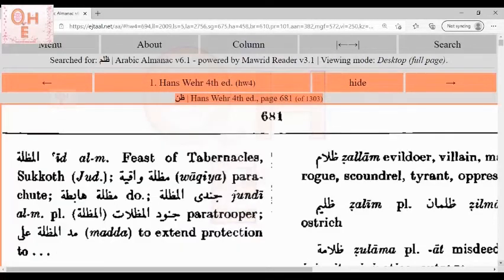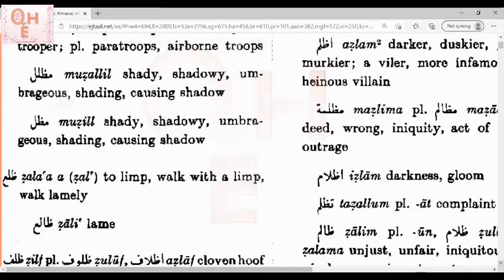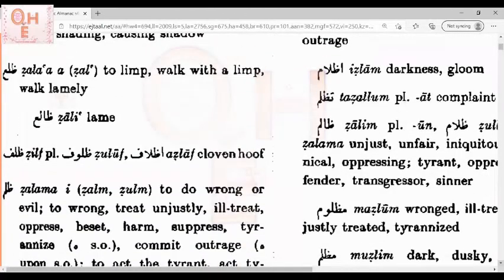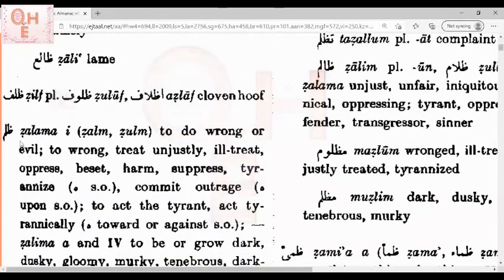Okay, now try to find it, inshallah. Over here, you can see va, lam, mim, and the transliteration for the past tense, volama. Okay, and the second root letter will take a kasra, so yadlimu. Volama, yadlimu. And the base meaning is to do wrong.